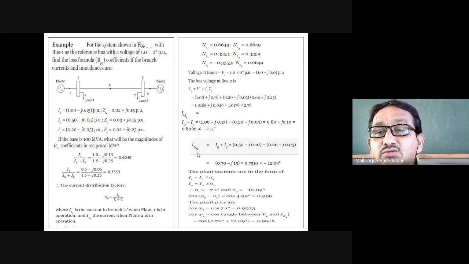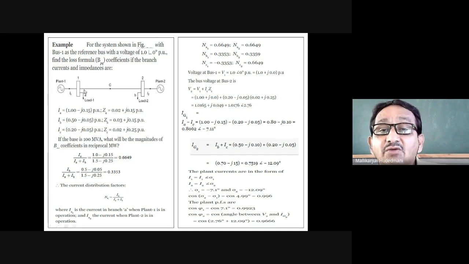Then the IG2 side is IB plus IC. You have to watch the arrows here: why it is minus here and why it is plus here. These arrows were predefined by the problem. It means I had to apply KCL at this bus, a simple logic.